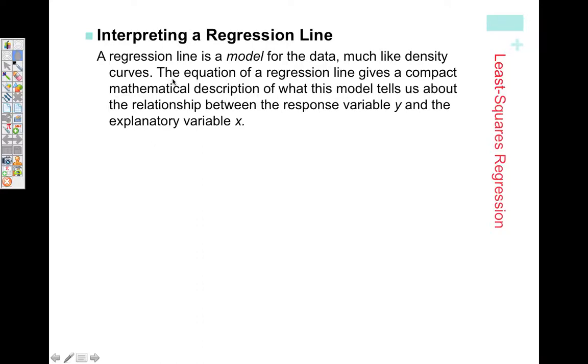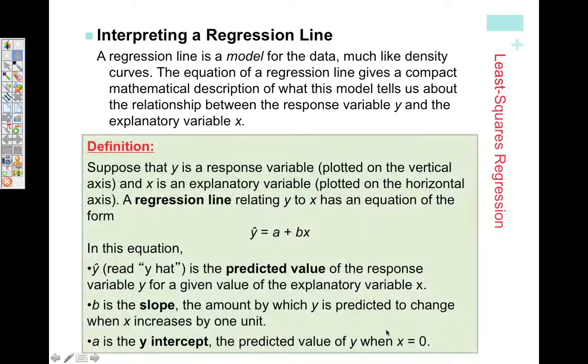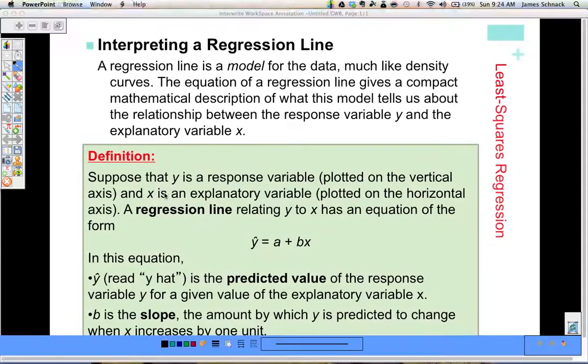This sentence is kind of important here. The equation of a regression line gives a compact mathematical description about the relationship between the response and the explanatory variables. So here is the way we write this equation. Suppose that y is a response variable, x is an explanatory variable.